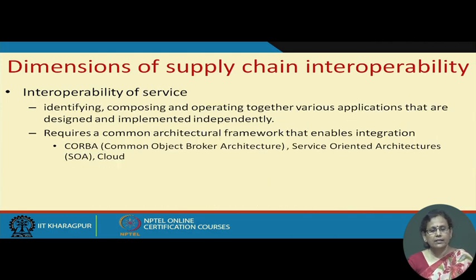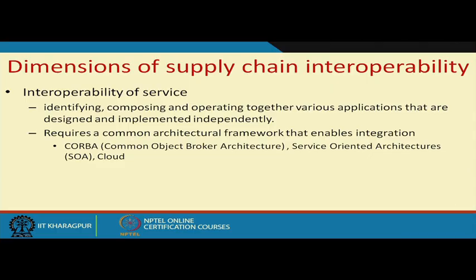Then the second one is about interoperability of service. Though we will talk in more detail about services, which is a more technical term, here I would like to just give a little idea about what a service is.